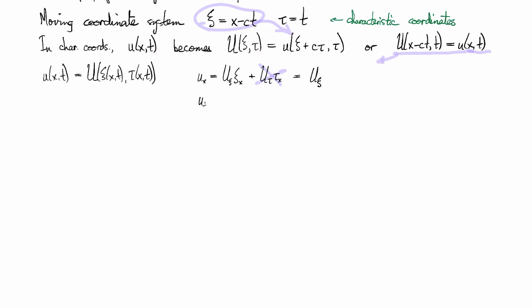Now we look at the time derivative, and so the chain rule tells me this is going to be U_ξ ξ_t plus U_τ τ_t, and that'll be minus c U_ξ plus U_τ.